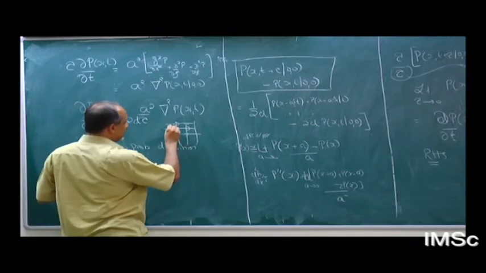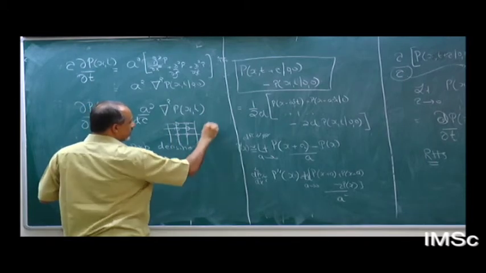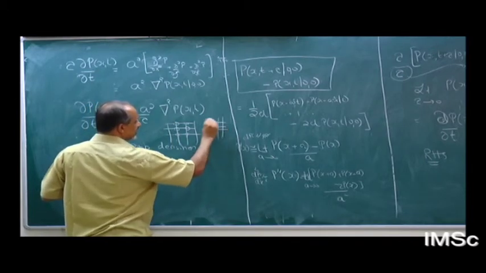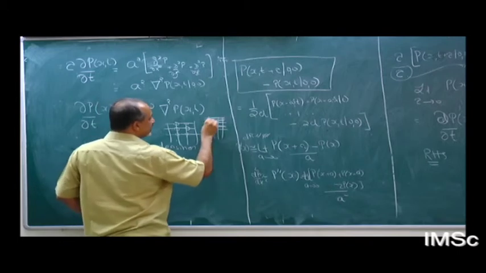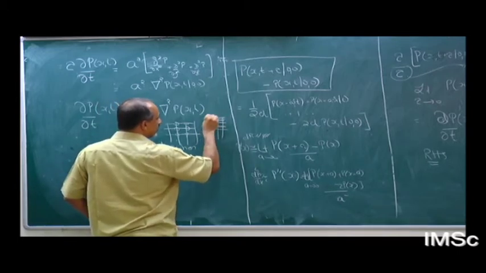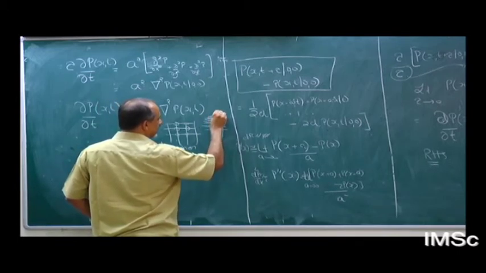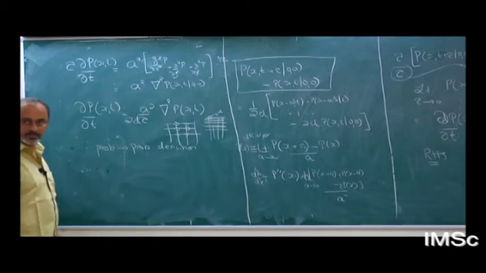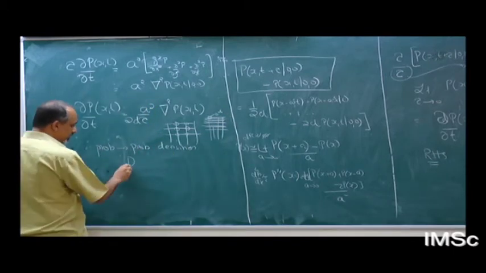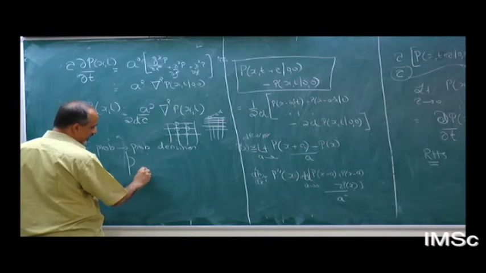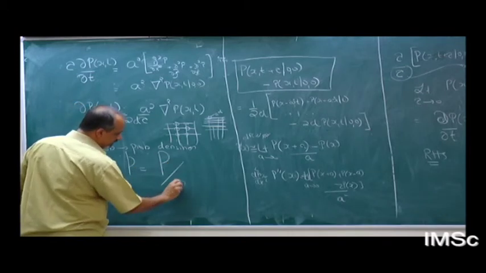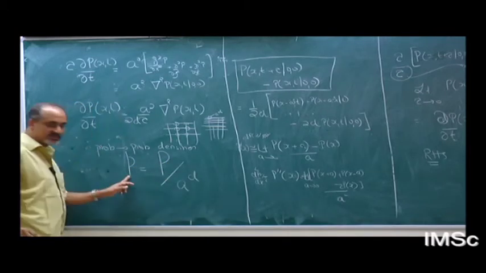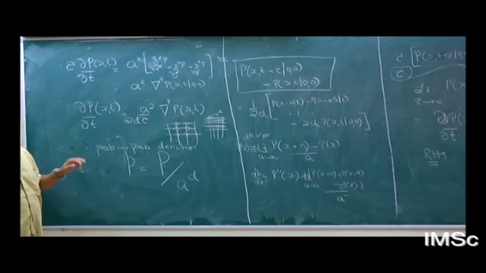And the way we do that is we imagine that our lattice is going to be very closely spaced, and around each one of these points I can make a tiny little volume of size a on a side, or a to the d is the actual volume. So if I take p everywhere and I write small p as capital P divided by a to the d, this then becomes my probability density.